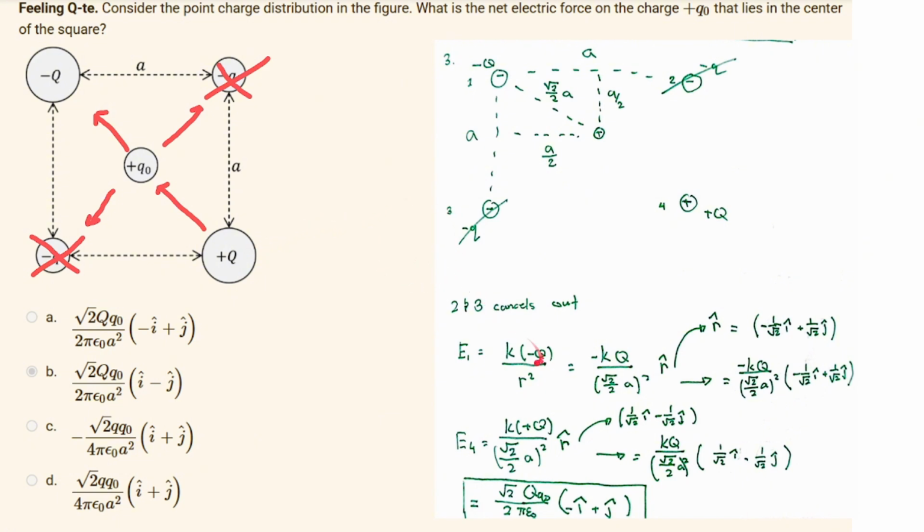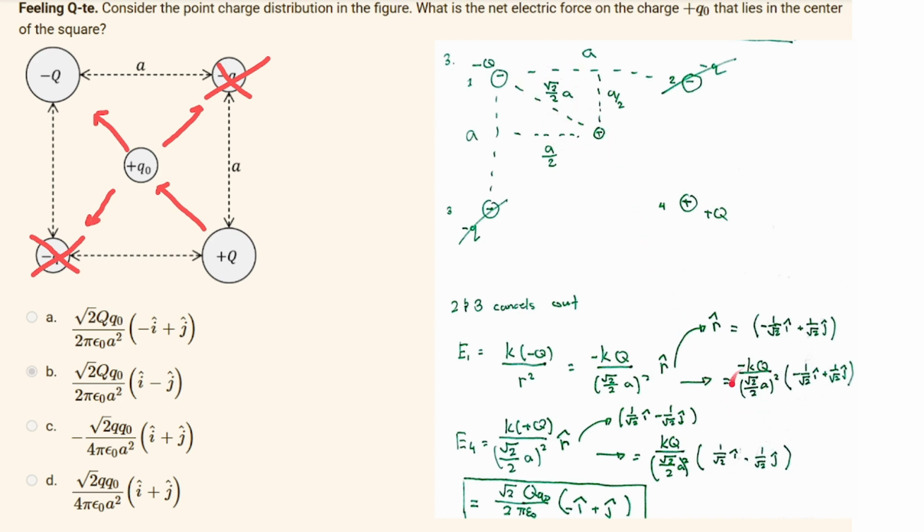To do the equation, the electric field is kQ over r squared. So -kQ over (square root of 2 over 2 a) squared. To get the radius, if this entire thing is a, to get to the particle it's only a over 2, a over 2, and using the Pythagorean theorem, it's square root of 2 over 2 a.